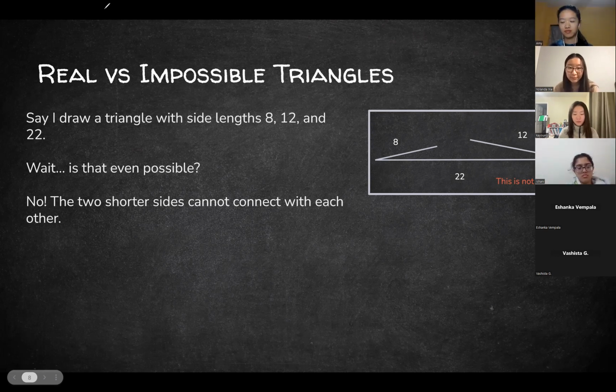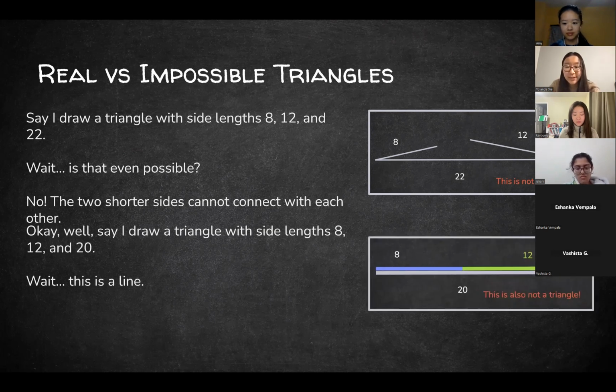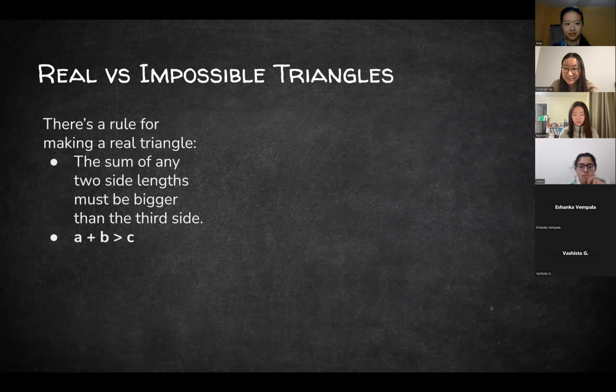But if it was 8, 14, and 22, that wouldn't work. That would just be a line. And if you go smaller than that, it also won't work. So this is just an important tip to help you recognize when a triangle is impossible and when one actually exists.